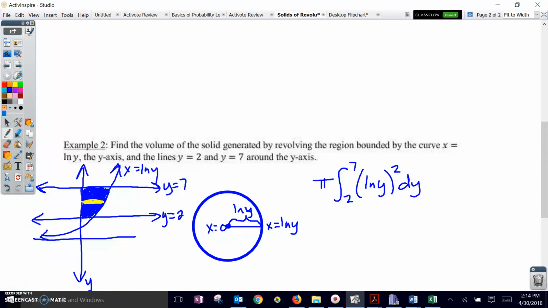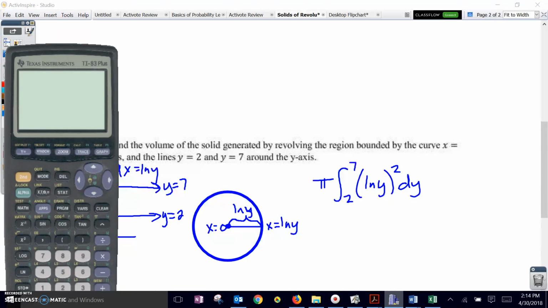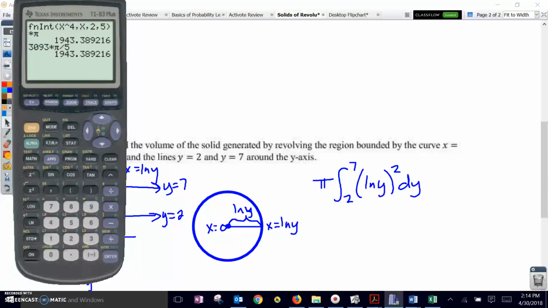And now we can either integrate this by hand, which is a tough integral for us, so we're just going to go ahead and do this with our calculator. So I'll pull up my handy dandy calculator, and we're going to have pi times the numerical integral of natural log, and I can just use x as my variable in my calculator.